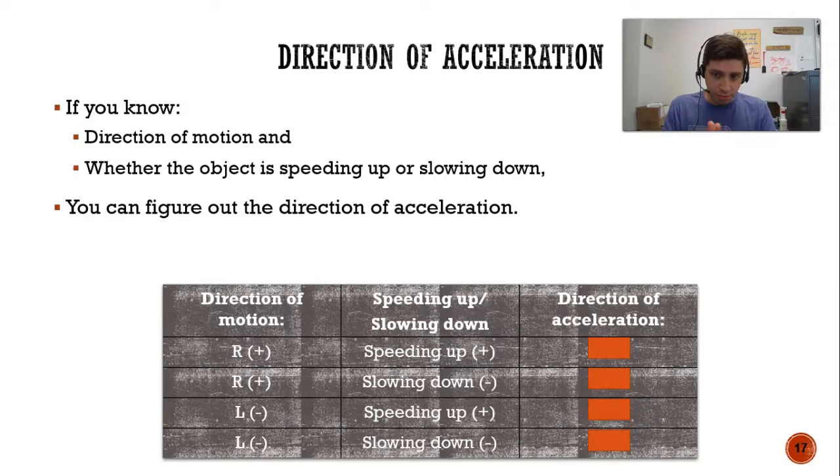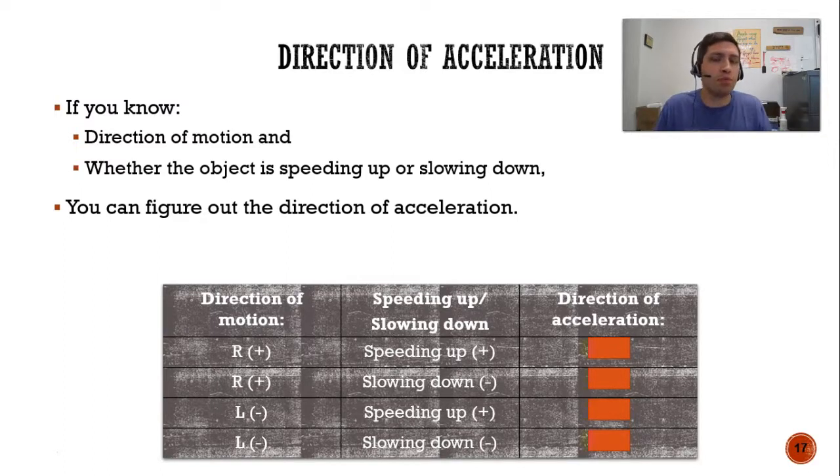So if we look at this table, here are your two pieces of information: direction of motion and whether the object is speeding up or slowing down. Now, if you look down here, I have positives and negatives. Maybe I should have put those in quotes. Speeding up and slowing down isn't really positive and negative in terms of direction.